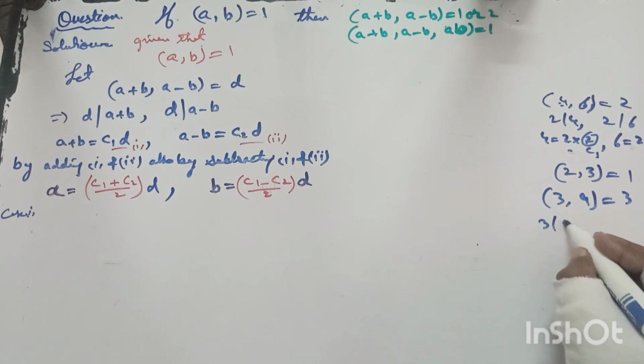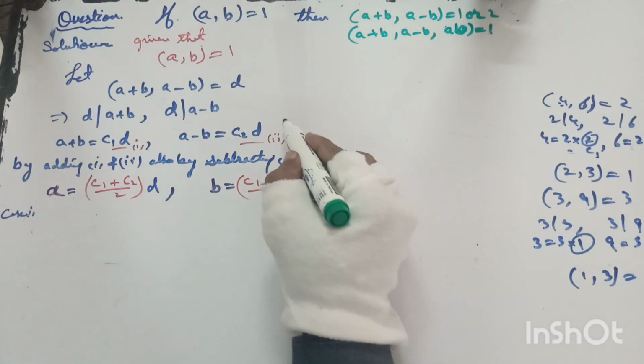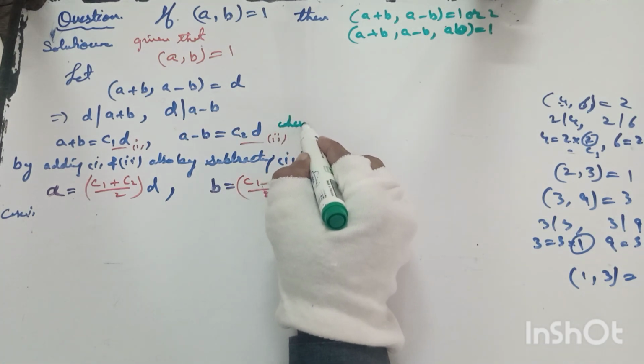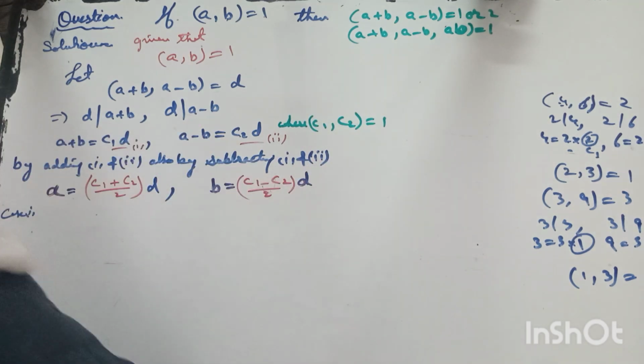Then 3 divides 3 and 3 divides 9, so 3 is equal to 3 multiplied by 1 and 9 is equal to 3 multiplied by 3. Then these two numbers must be relatively prime. Then I can write here where C1 and C2 are relatively prime.